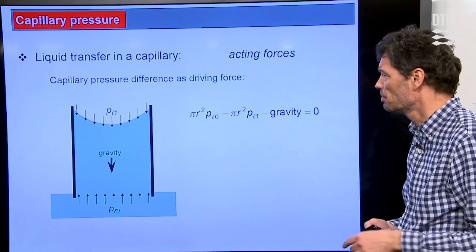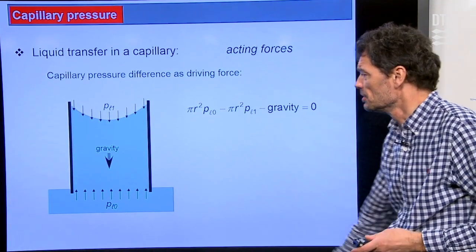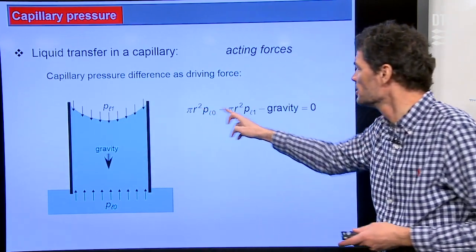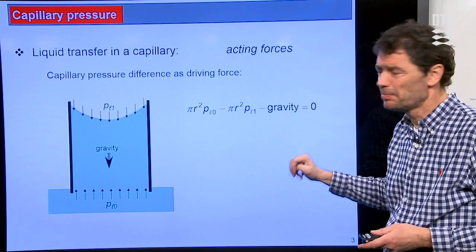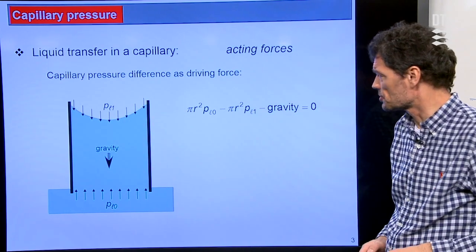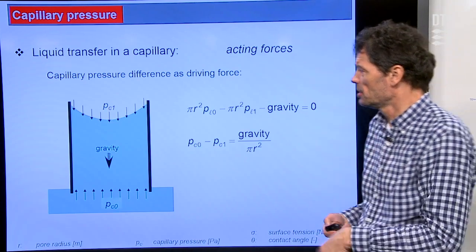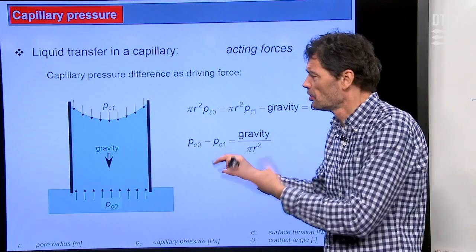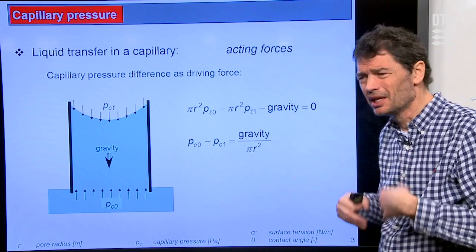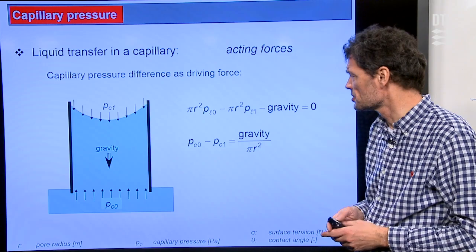So we can make again some balances. The difference between the force from below and the force from the top has to be in balance with the force of gravity. Now I'll talk about the capillary pressure rather than the liquid pressure. It's the same, only we have the gas pressure, the atmospheric pressure, as the difference.